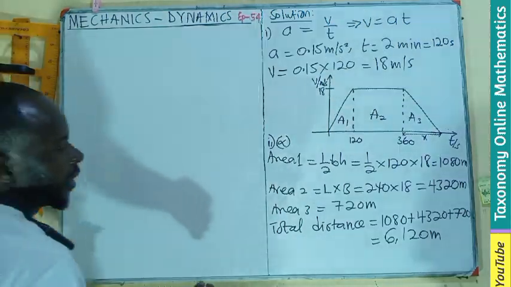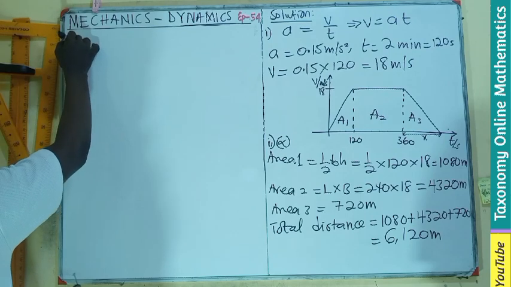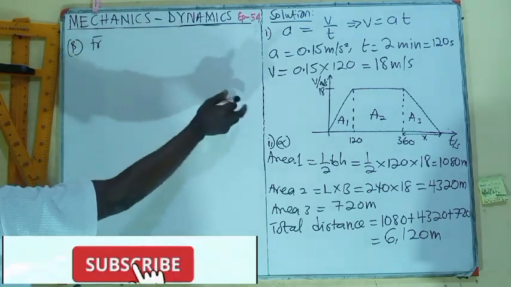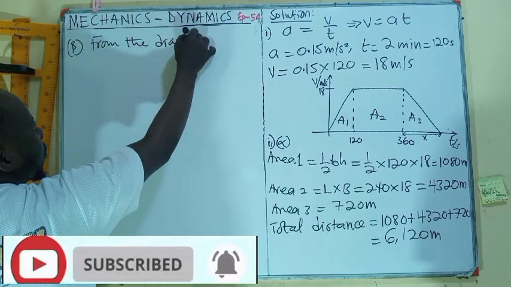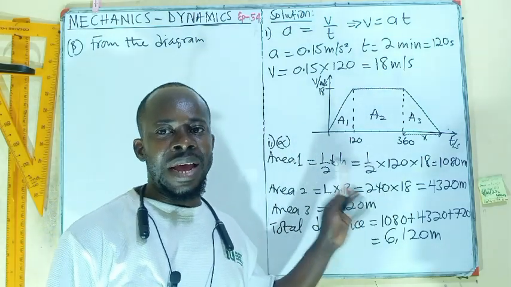So for the Roman number, okay, let's put this here. Beta, we are looking for this, our x there. From the diagram, we can see that that part of the journey is a triangle.